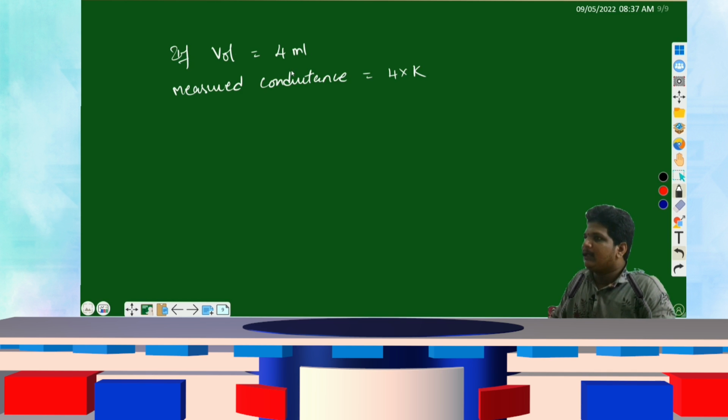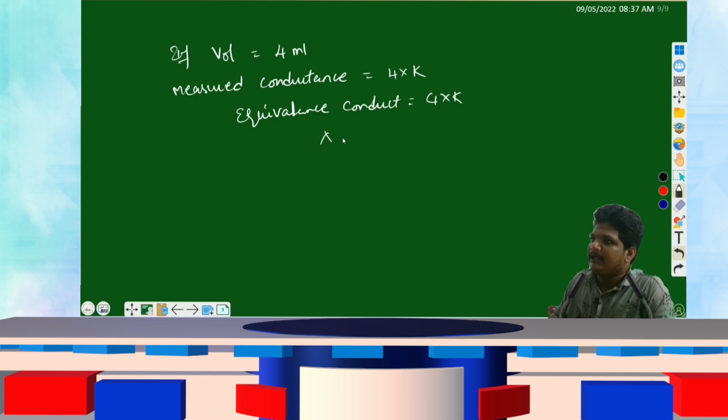So the total conductance of this solution is the equivalent conductance, that is 4 into kappa. So lambda V is equal to kappa into 4.